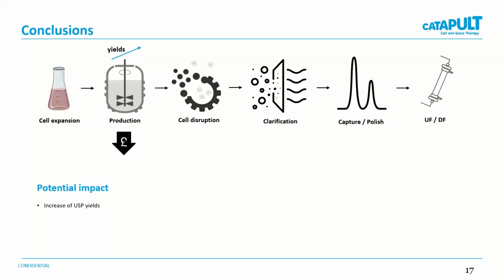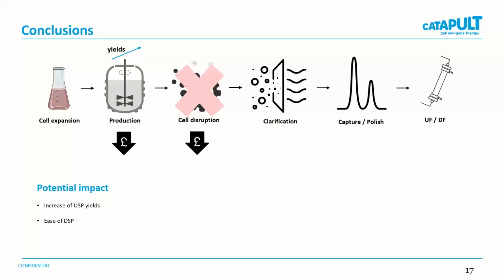But we could also think about removing the cell disruption step, because if we get rid of the lysis, we're going to decrease the cost. We could think about maximizing AAV release in the supernatant and do supervest directly.